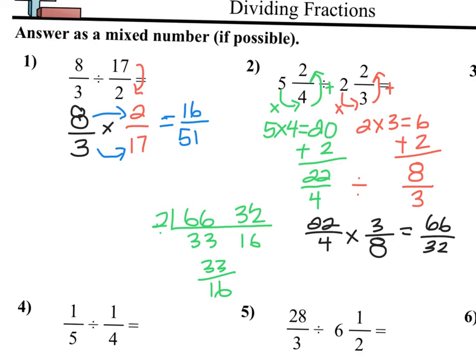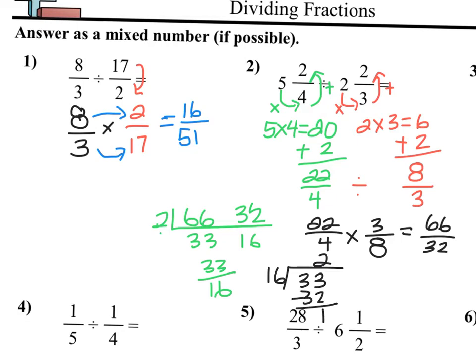Are we done? No way, we're not. We have that improper fraction again. This top number is bigger than this bottom number. So we have to do everybody's favorite step of a long division. So we have to take that 33 divided by 16. 16 goes into 33 twice. 2 times 16 is 32.